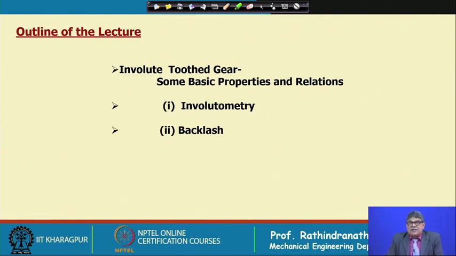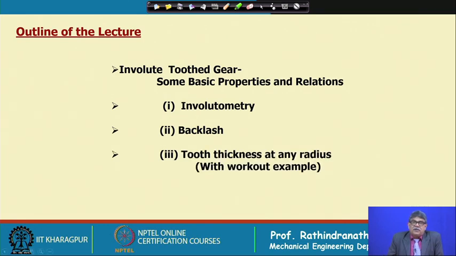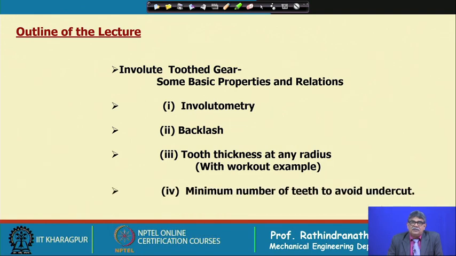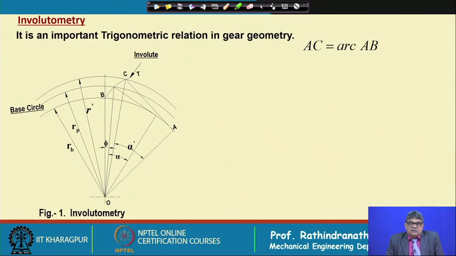Backlash, what is backlash and how it is given, that will be also discussed, and tooth thickness at any radius, how it can be calculated, also an example will be discussed, and finally, minimum number of teeth to avoid undercut, that is under discussion.